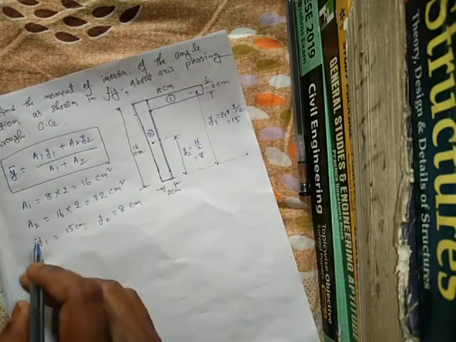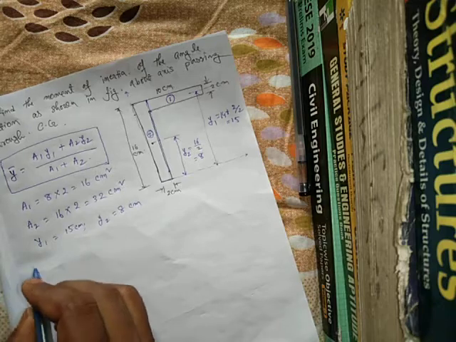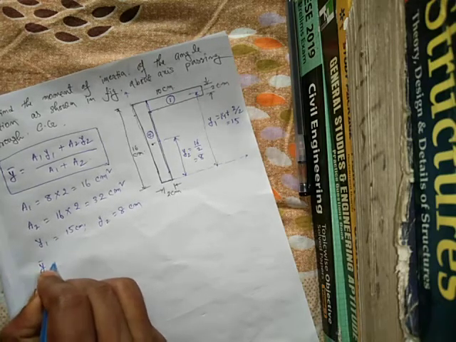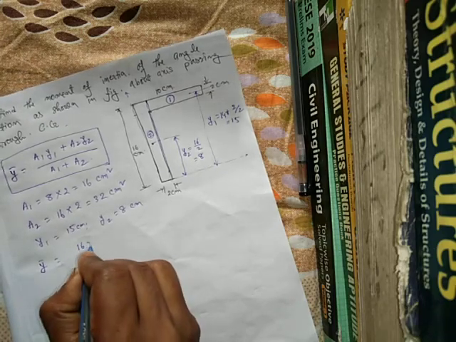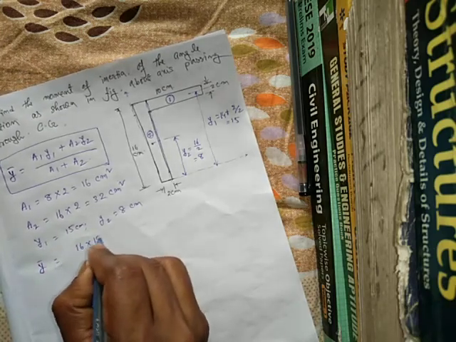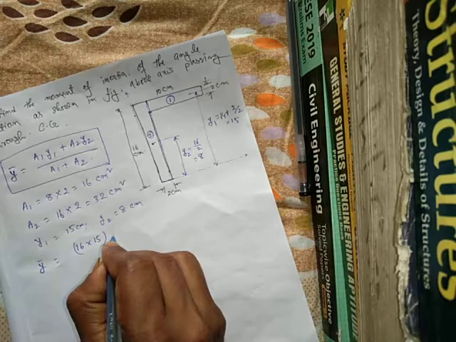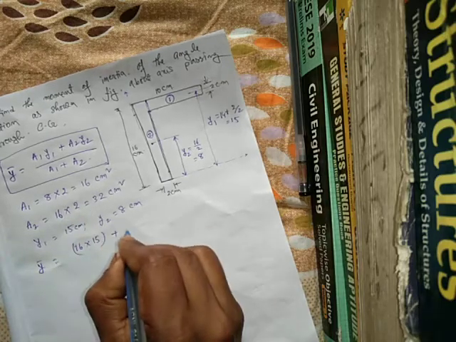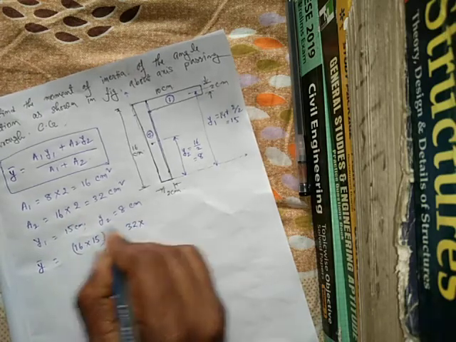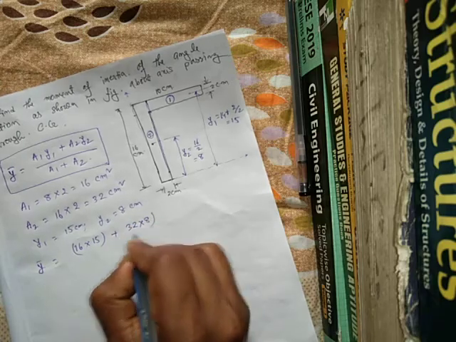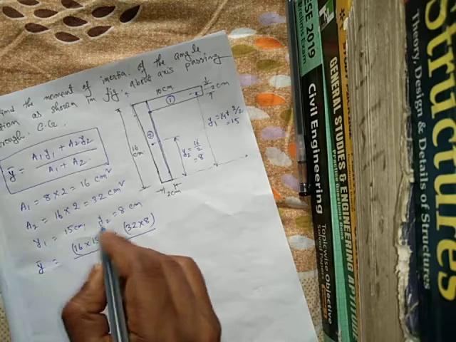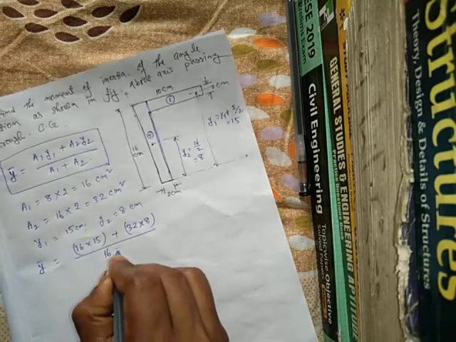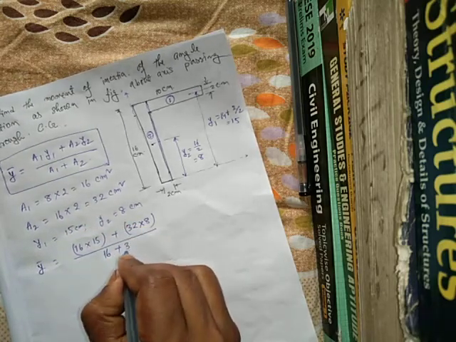Now calculate the CG. Y bar equals A1 which is 16 into y1 which is 15, plus A2 which is 32 into y2 which is 8, divided by A1 which is 16 plus A2 which is 32.